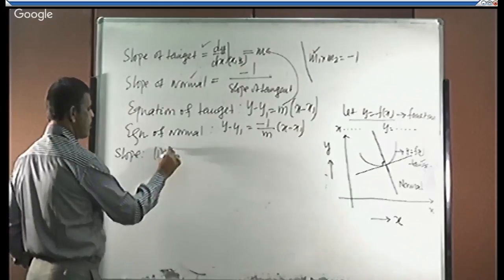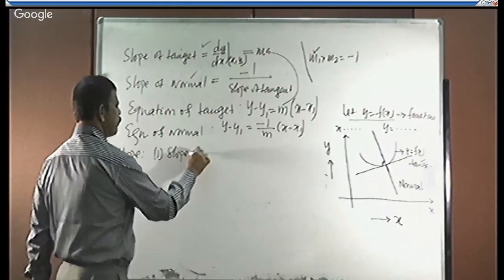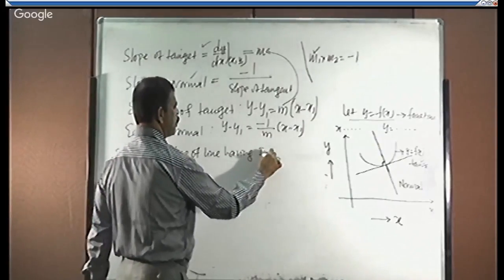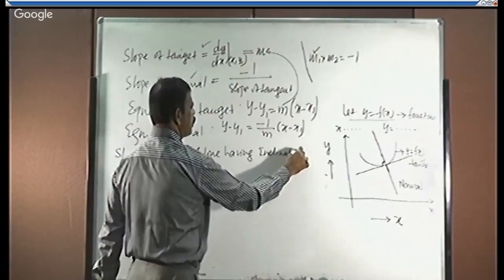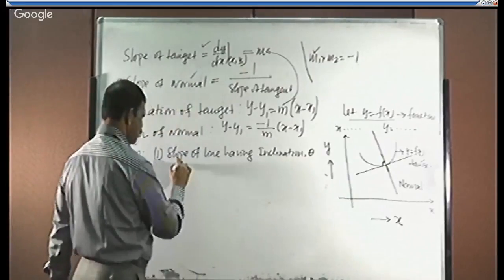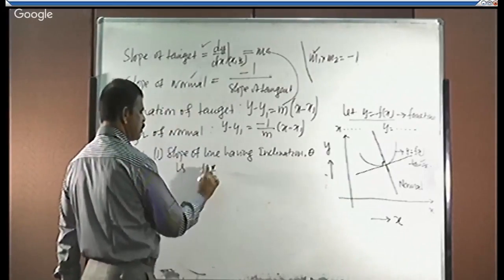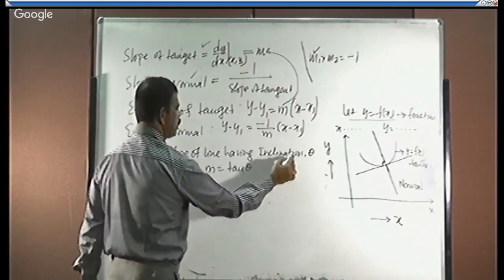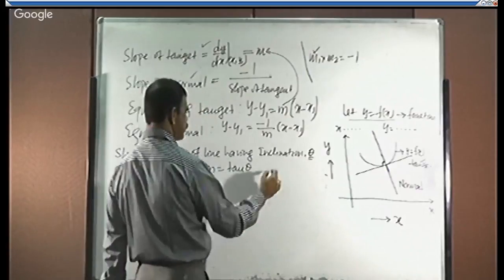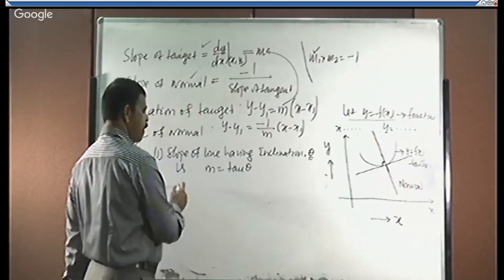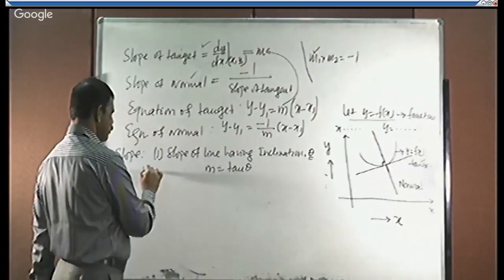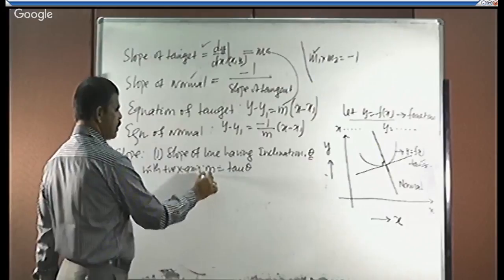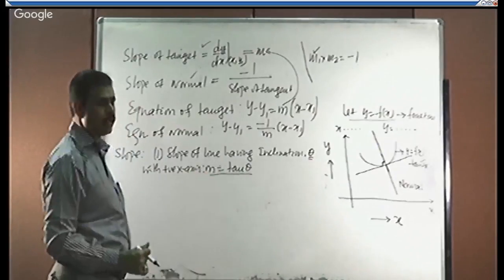The slope of a line having inclination theta is m equal to tan theta. If I know theta, the inclination of the line with the positive x-axis, then m is equal to tan theta.